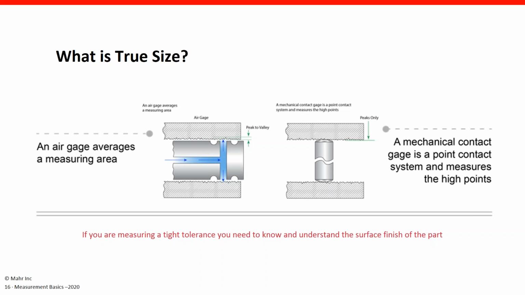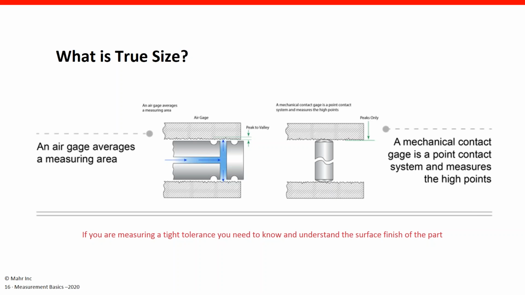With an air gauge, it uses air back pressure to make that measurement. And there's a small jet there where the air passes through, has to build up a back pressure from the surface to provide its measurement. Well, when that surface is very rough, the air has to fill in those peaks and valleys on the surface. In reality, it can think that the measured surface is below the very top of those peaks.